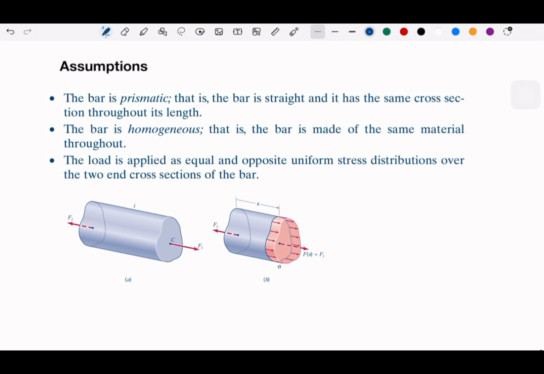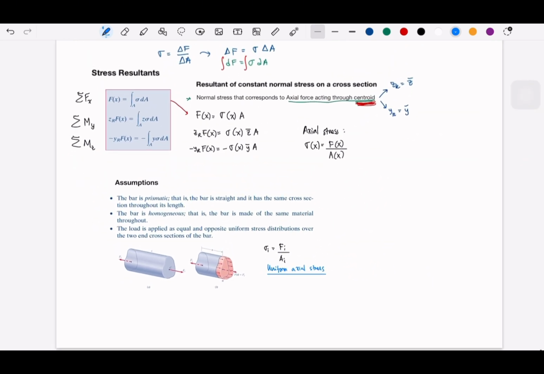If we want to write here, we can write sigma i equals Fi over Ai. This is the uniform axial stress. It will be very similar, and we are going to see later on how we apply it with different subjects. So that's the stress resultant.